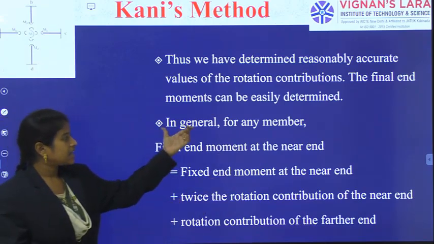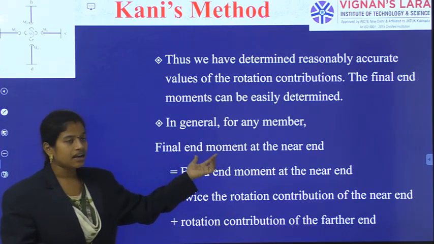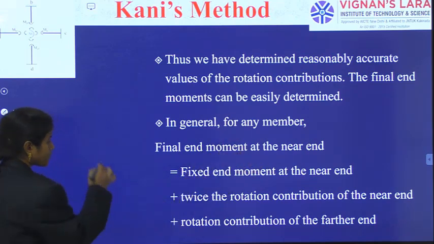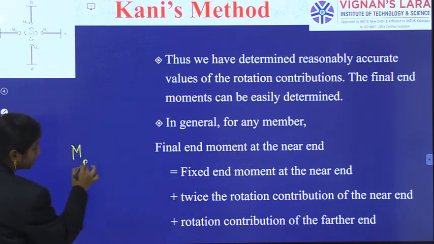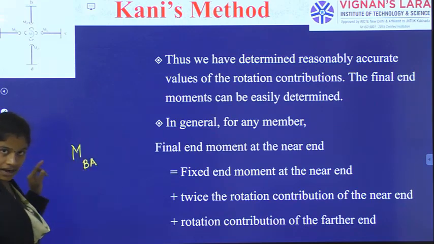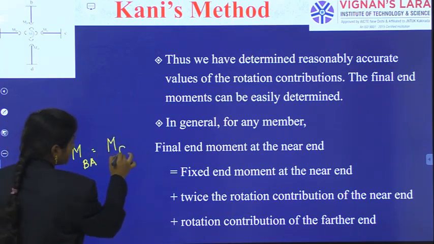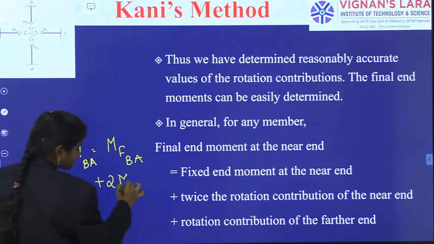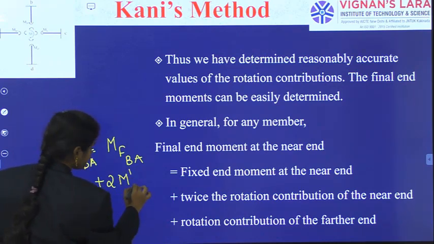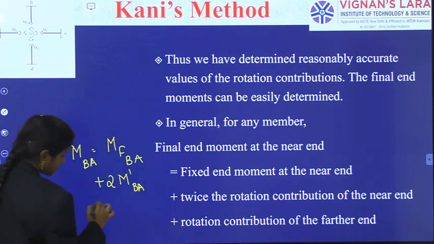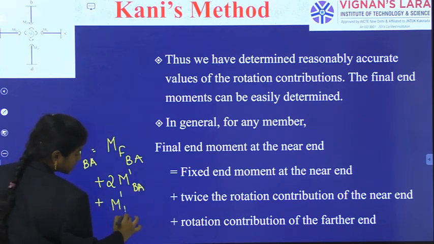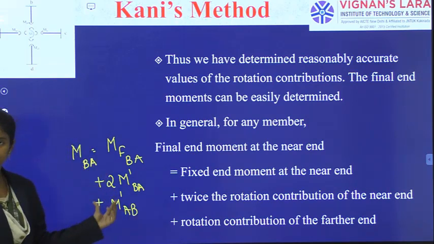So in general, for any member, the final end moment at the nearer end is equal to the fixed end moment at the nearer end plus twice the rotation contribution at the nearer end and the rotation contribution from the farther end. Only these two change.